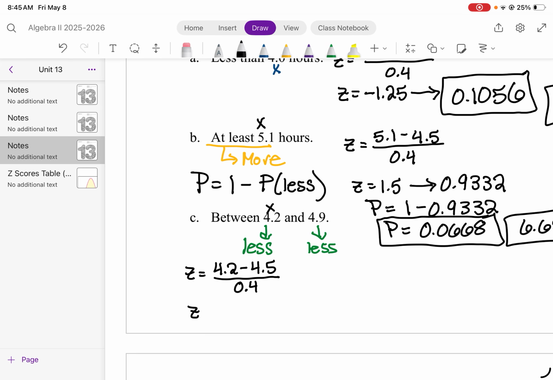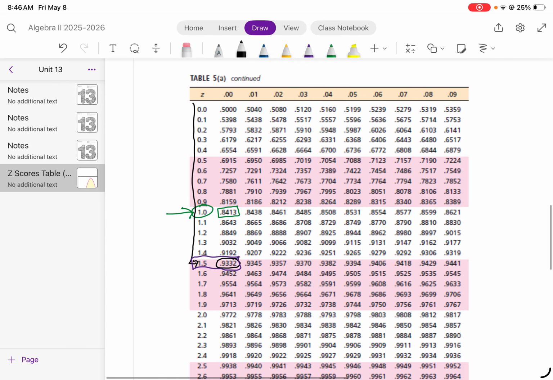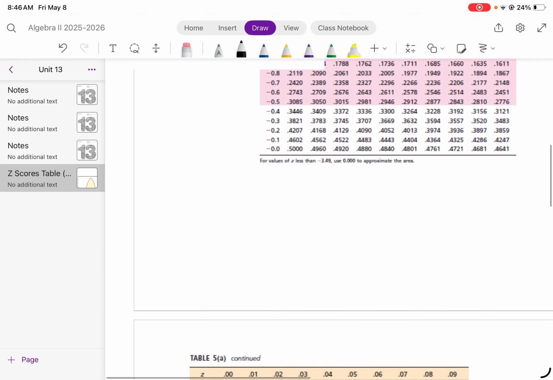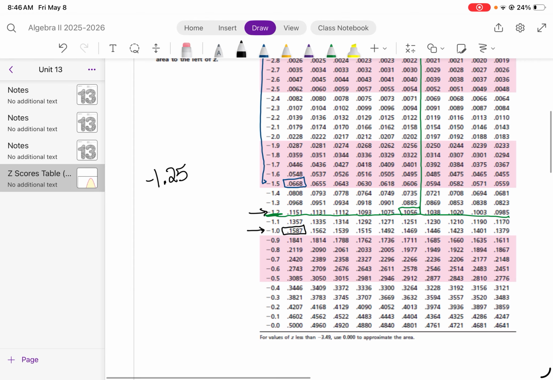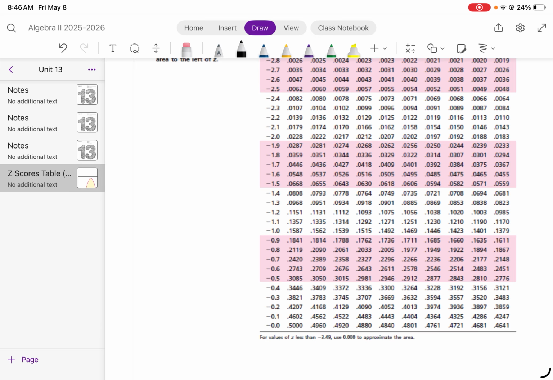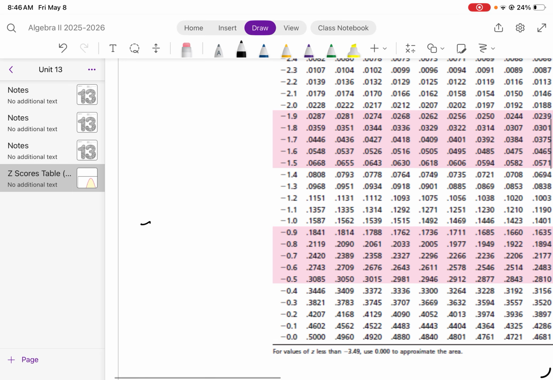For that z-score, when you type it into your calculator, you should get a negative 0.75. So we're going to use that to go to our table and find the probability of that many people finishing in that time. So we're going to the negatives. It was negative 0.75. Okay, so I'm going to find negative 0.7, which is right here.